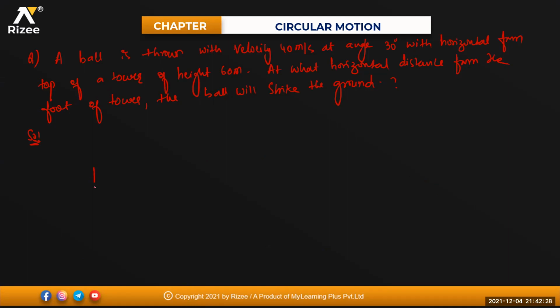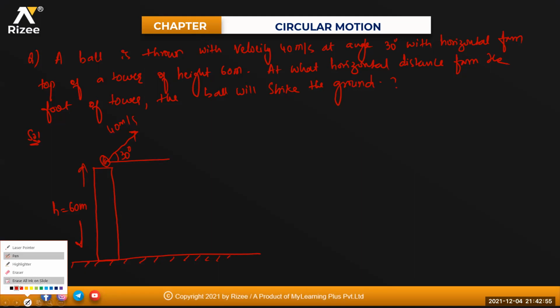That means if I'm drawing a diagram right now, this is your horizontal position. This is the top of a tower. From here you are throwing a ball with a velocity of 40 meter per second at an angle of 30 degrees to the horizontal, from the top of a tower of height h equals 60 meters. At what horizontal distance from the foot of the tower will the ball strike the ground?